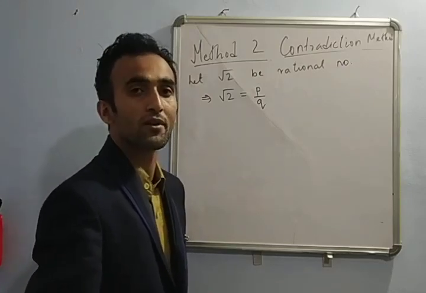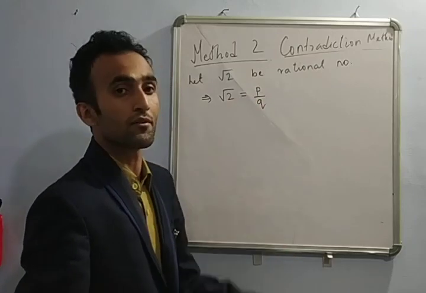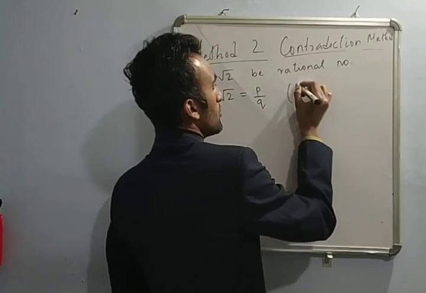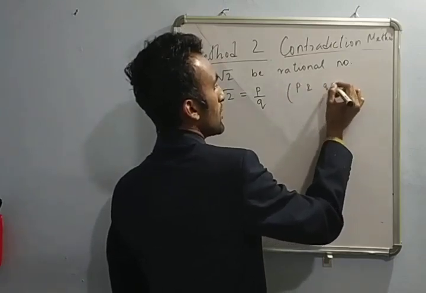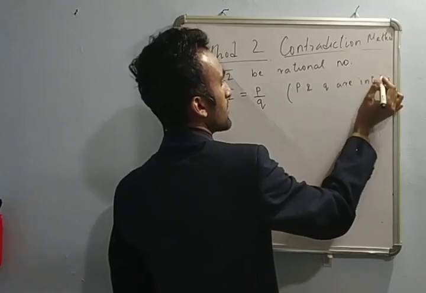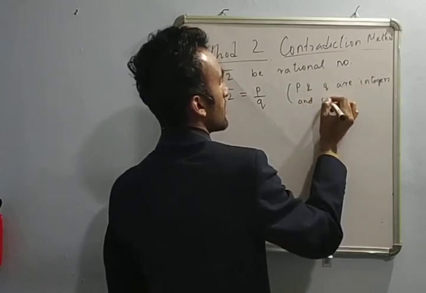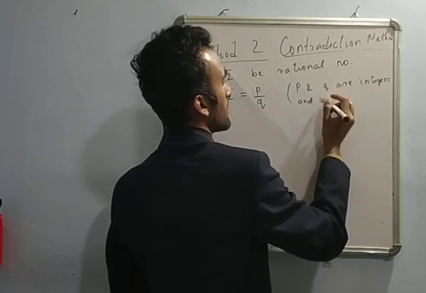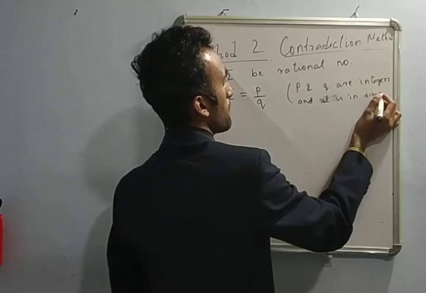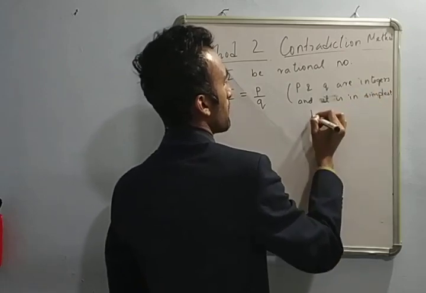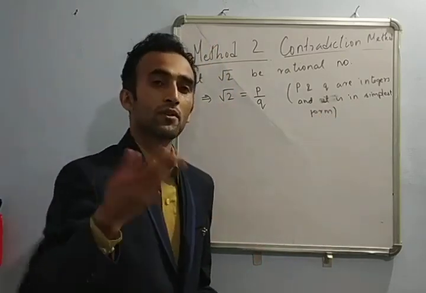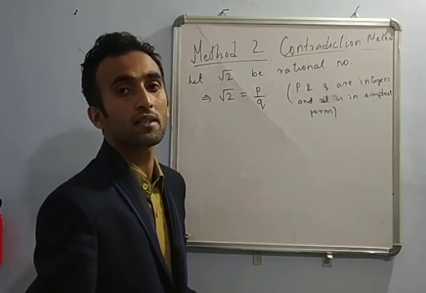P and Q are integers, and it is in simplest form. Simplest form means after that you cannot cancel it.